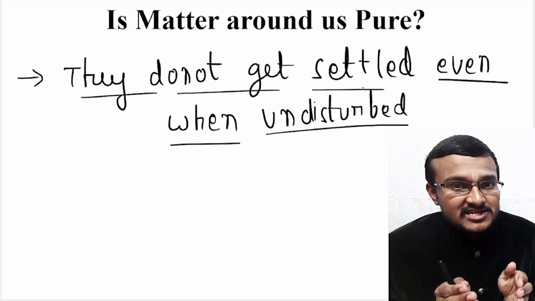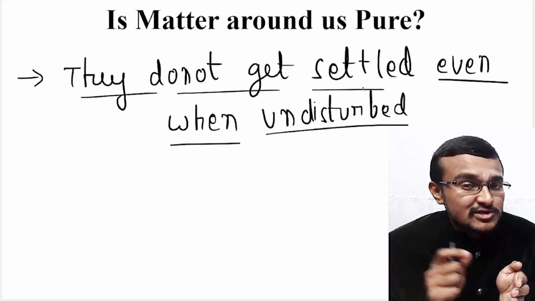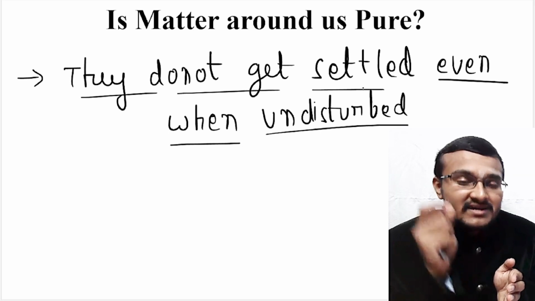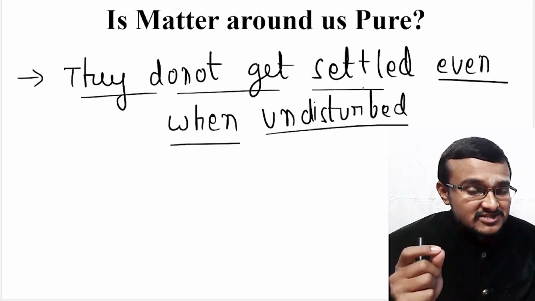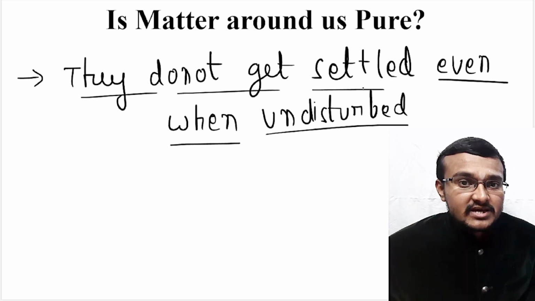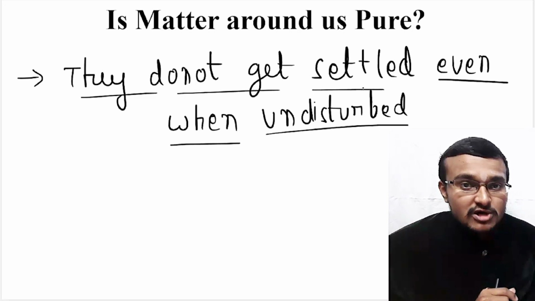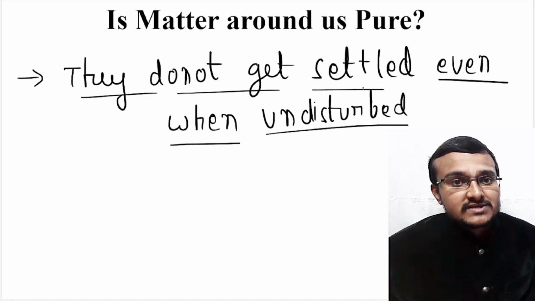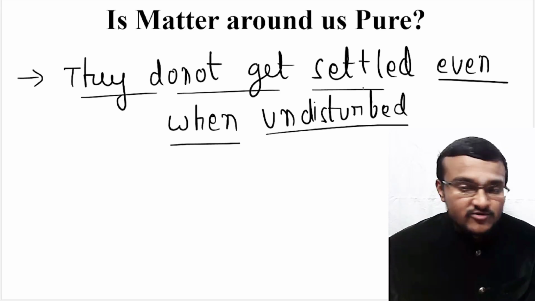Hence, in a colloidal solution, you can find uniform dispersion of solute particles throughout the solvent, but they are still a heterogeneous mixture. Because there is uniform dispersion of particles throughout the solvent, even when the colloidal solution is not disturbed, the solute particles do not get settled down. Hence, it is not known as a suspension, it is known as a colloidal solution. This is the fourth property of colloidal solution.